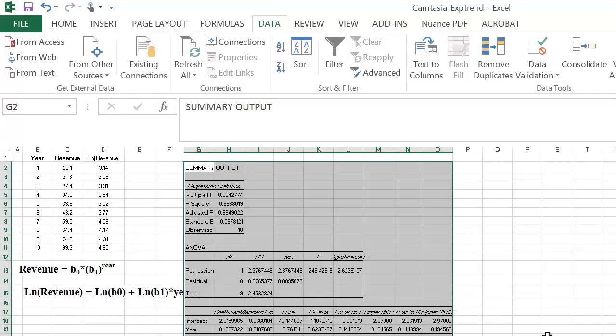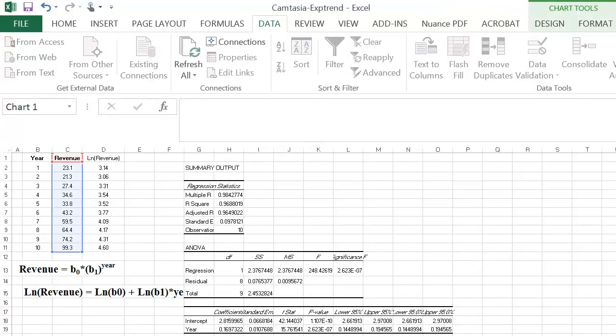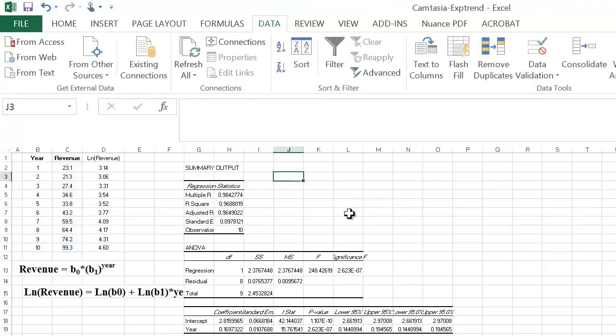So there we have our output, and based on the coefficients that you can see over here, we can see that the natural log of b0, which is the intercept, is 2.81, and the natural log of b1 is 0.17, rounded off to two decimal places.